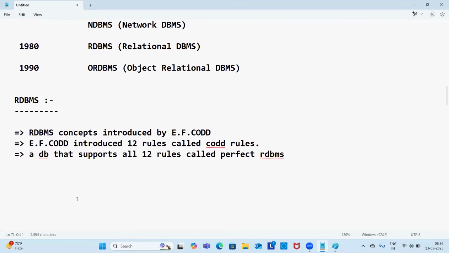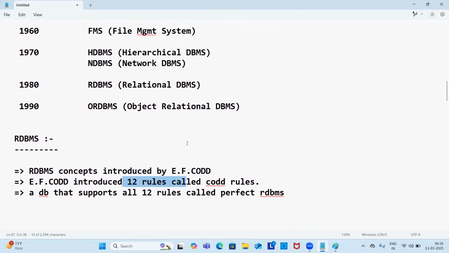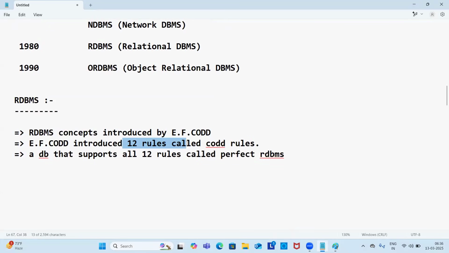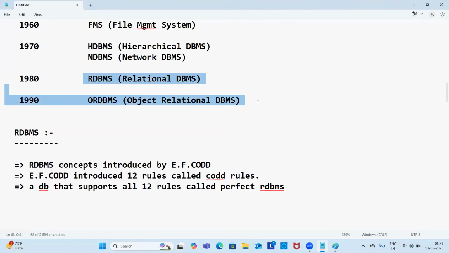But this is not the right time to discuss these 12 rules. After completing the SQL concepts, you'll understand these 12 rules. But remember that these two are important for you.